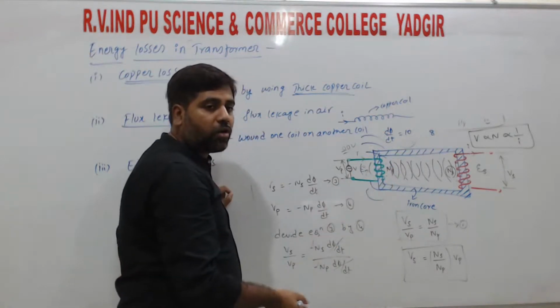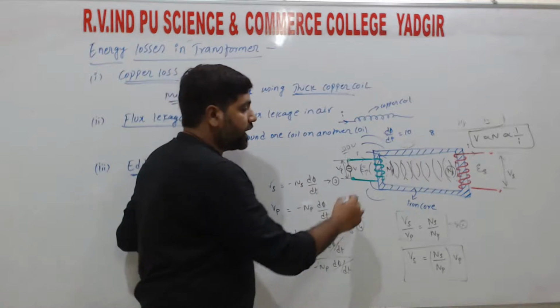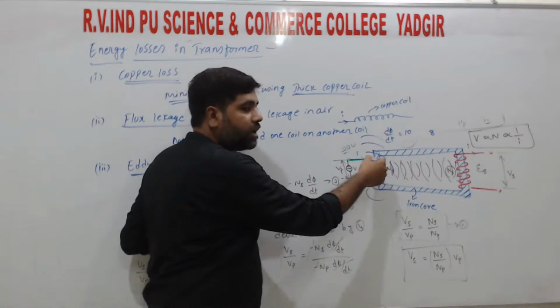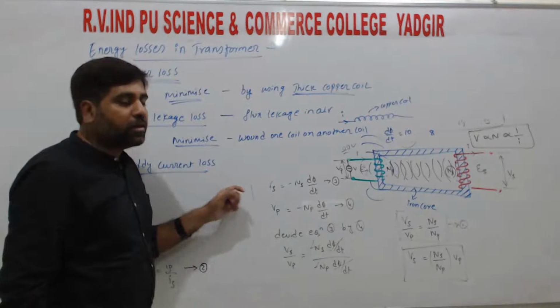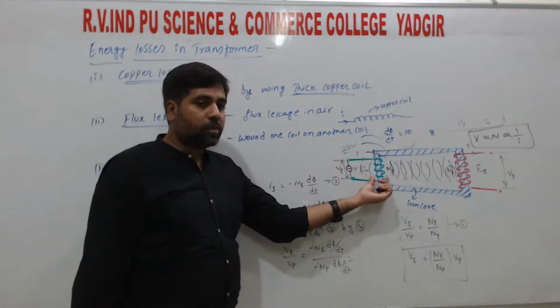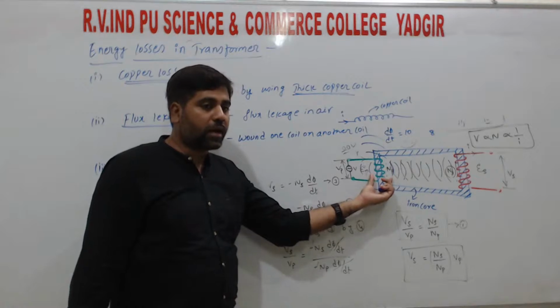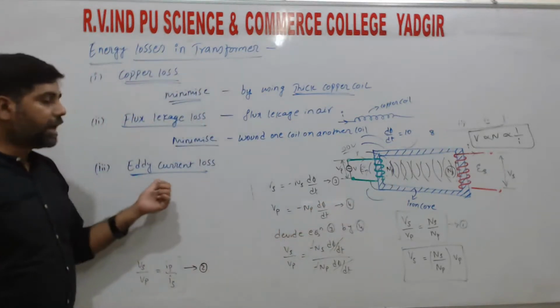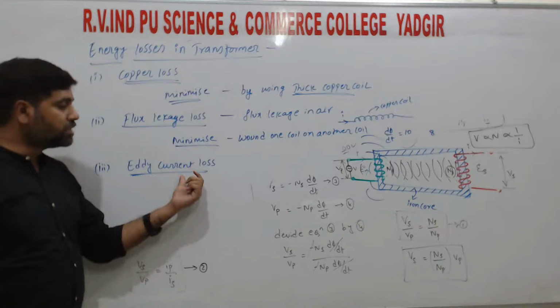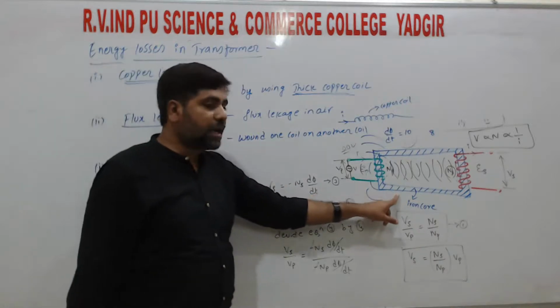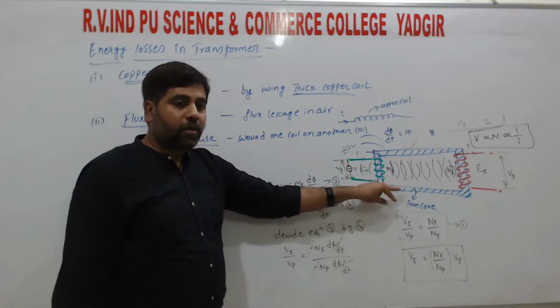That current we call the eddy current. As the eddy current flows in the coil, by Joule's law of heating there is a power loss, right? Energy radiates from the coil. That loss we call the eddy current loss. This arises when we place the transformer in a varying magnetic field, right?